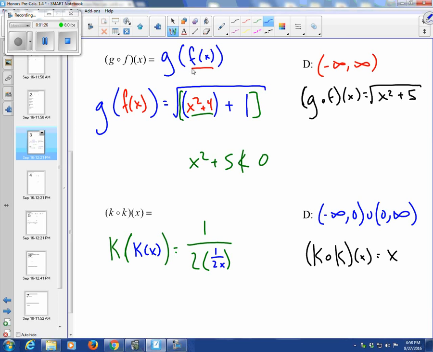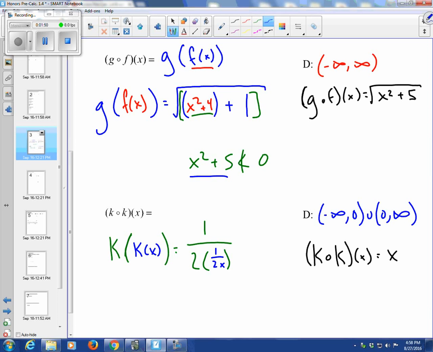And actually, there is no x value that can make this expression less than 0. Any x value we plug in that's a negative is immediately going to be squared, so it's going to be made positive, and then we're adding 5 to that positive value. So in fact, right here, the composition does not have any restrictions, even though we've got that square root right there.